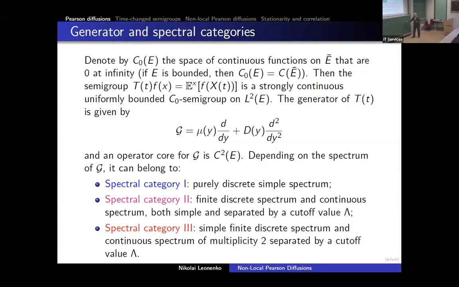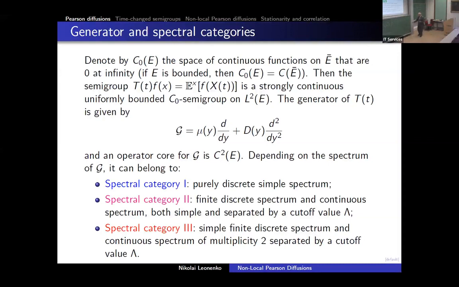For the discrete case, now lambda is not negative like in the previous talk, but positive, because if you consider the minus generator, the spectral equation for the minus generator, that's a discrete spectrum. And now we have such a picture. There is a finite number of discrete eigenvalues, and also a cutoff lambda, and then a continuous part of the spectrum.